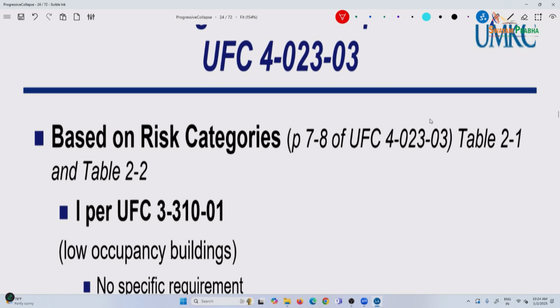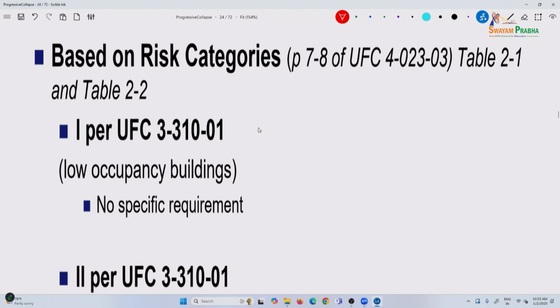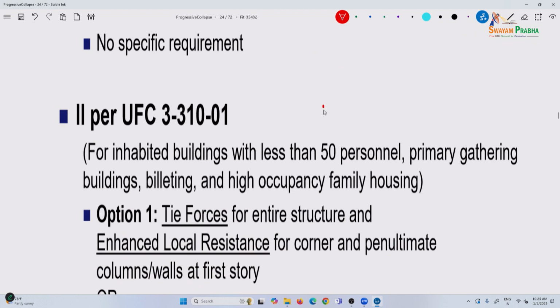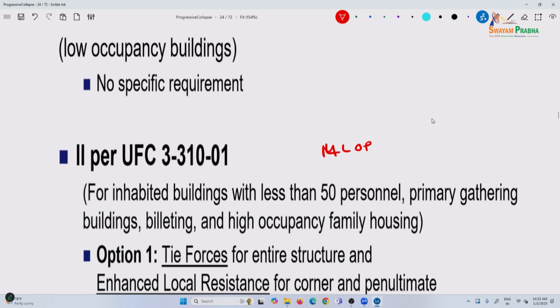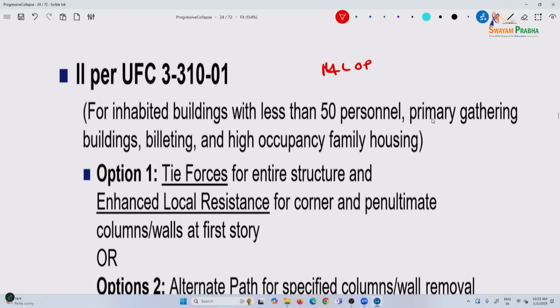Then the risk categories, this is basically for a very low level of protection. There's another UFC that defines this, but these correspond to different levels of protection, though it's not exactly equivalent.